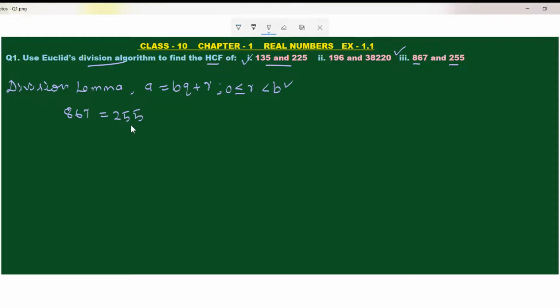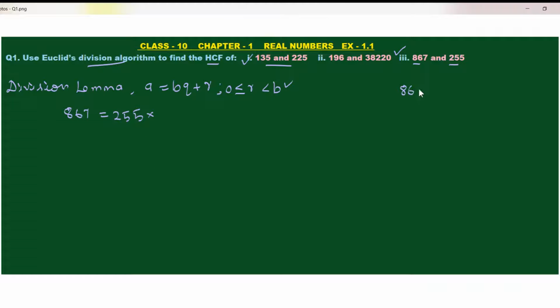Why we are writing like this? We have to write in this format. In your book, it will be solved like this only, so that I am writing these steps. Okay. Before that, first we'll complete the division work and then we will write the steps like this.